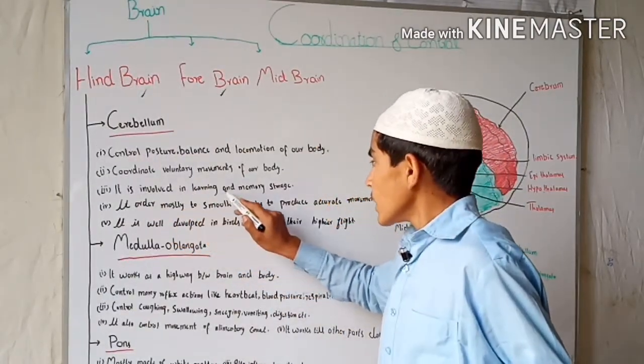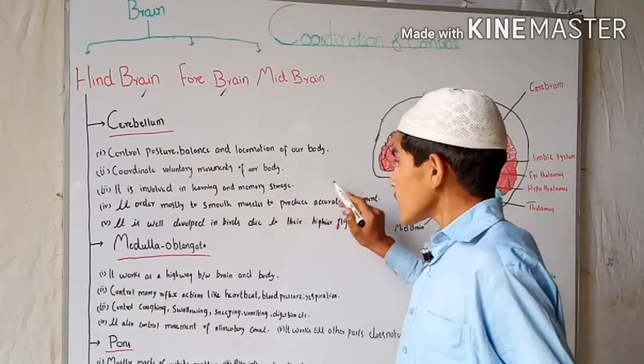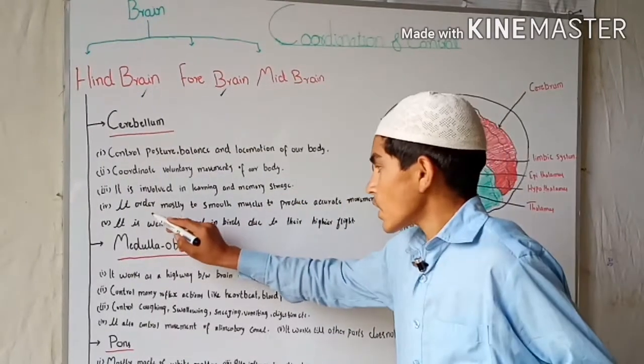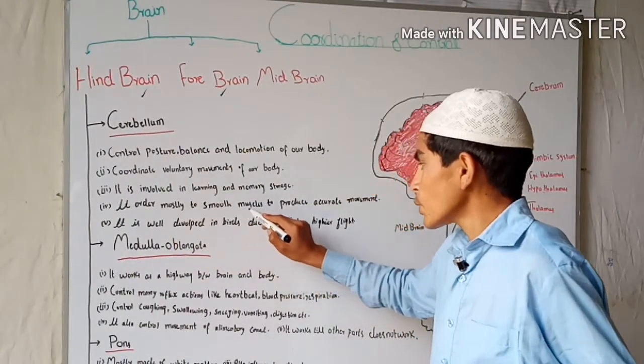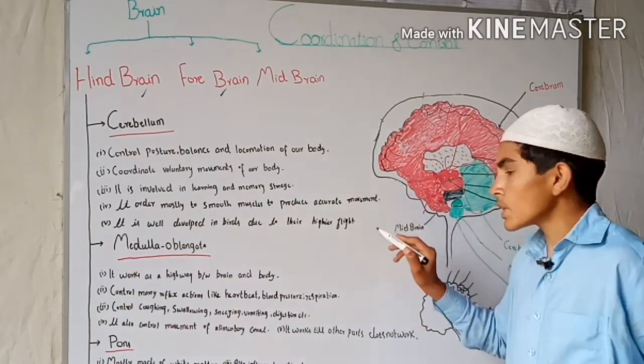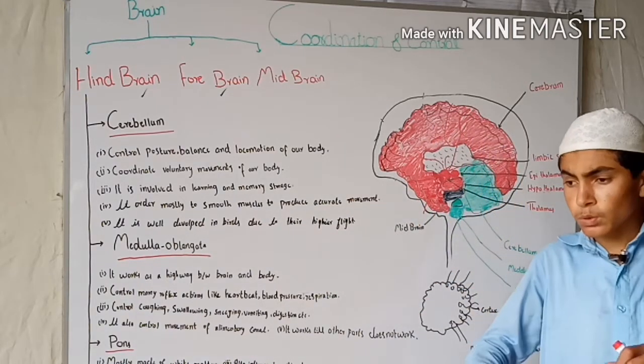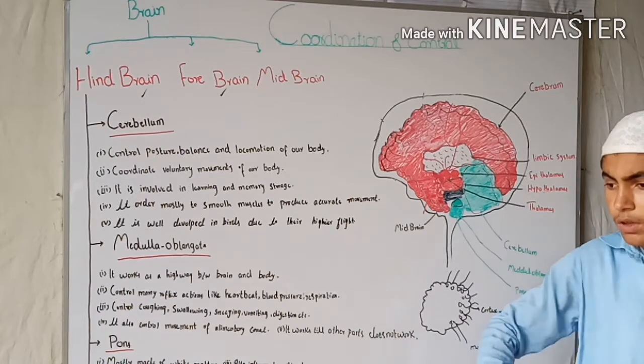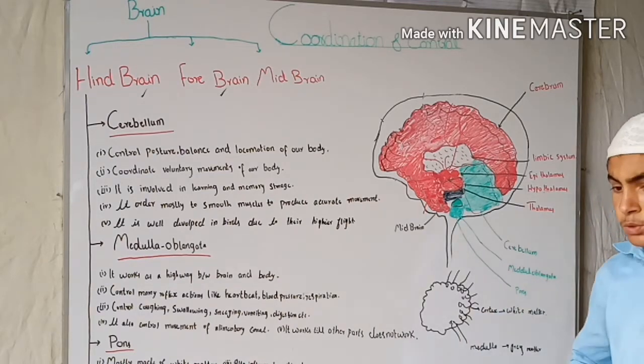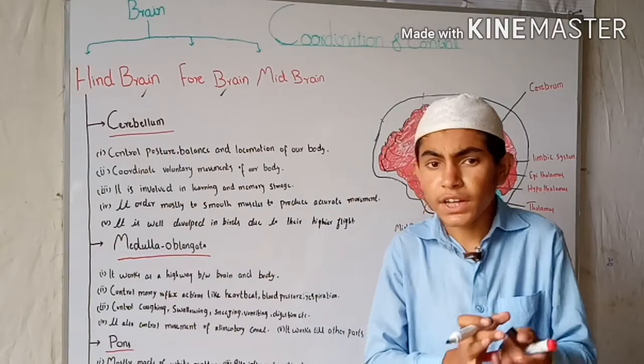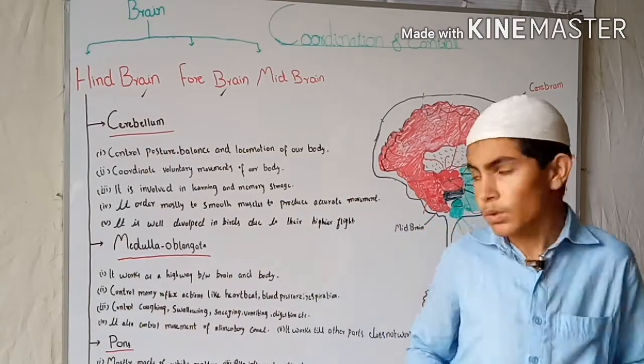It is involved in learning and memory storage, like the cerebrum. It orders mostly the muscles to produce accurate movement, like our hands, limbs, and legs, so it orders them to move.